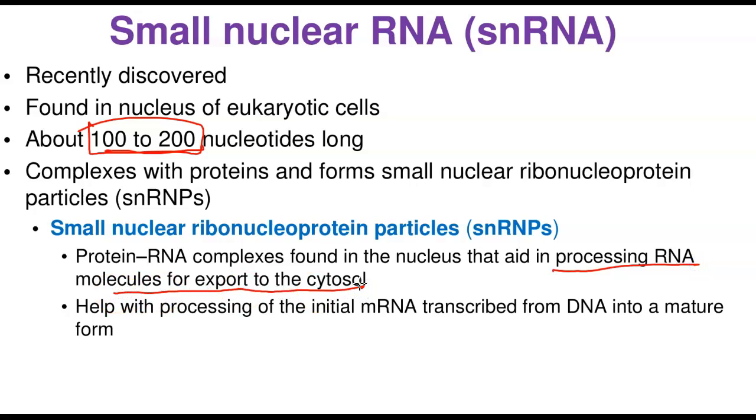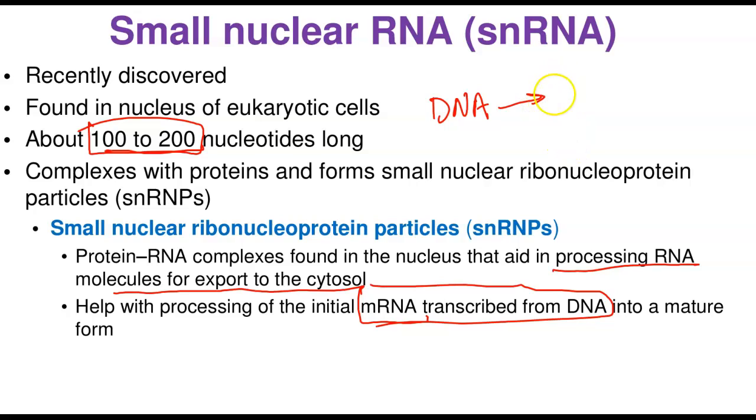They also help with processing of the initial messenger RNA that has been transcribed from DNA into a mature one. Because in initial transcription, what the DNA does is first of all give its blueprint to the formation of this messenger RNA. It is from this messenger RNA now that the proteins are formed.